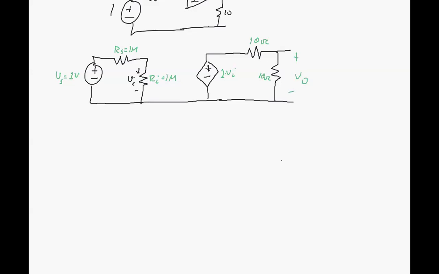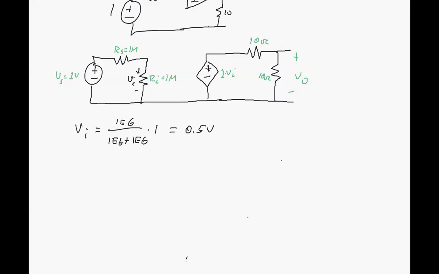So then what do we get if we go through that? So we now need to find the input voltage. That's by the divider again. So that's 1e to the 6 over 1e to the 6 plus 1e to the 6 times 1, or that's 0.5 volts. Right? That's what we got.